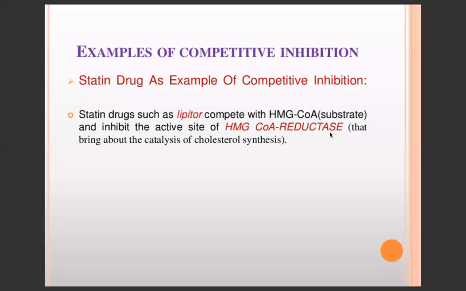This is an enzyme which works in synthesis of cholesterol. You will inshallah read it in second year, how cholesterol is synthesized. Statin drug is an example of a competitive inhibitor of HMG coenzyme reductase. Please remember this and this only.